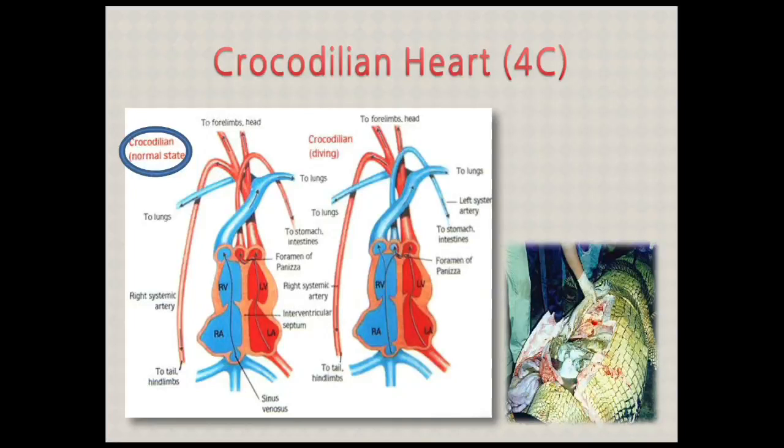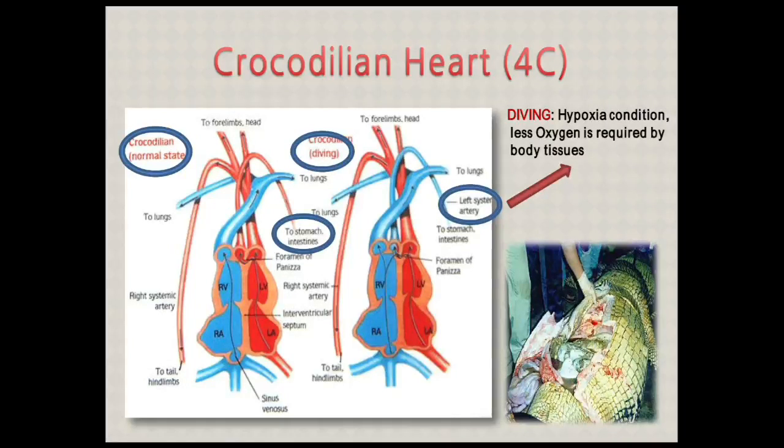So that was the case of the normal state. So both the systemic arches are given the oxygenated blood, and the stomach and the intestines in the normal state are getting the oxygenated blood. But if we talk about the diving situation, here the crocodile is not eating or digesting anything. So what is happening is that the left systemic arch or artery is not getting any oxygen.